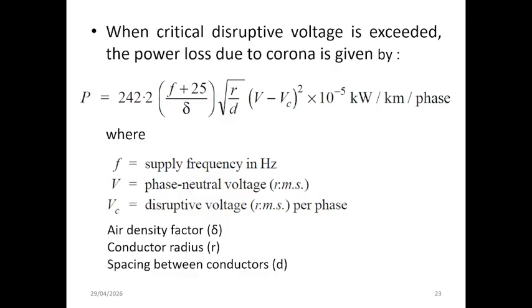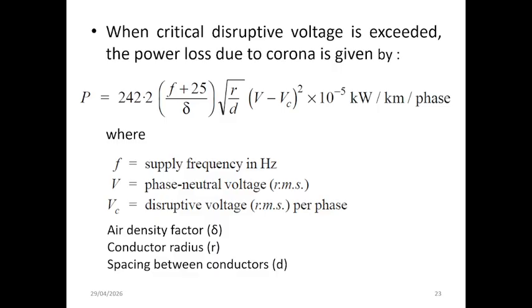So this equation highlights how corona losses depend on both electrical and physical parameters of the system, especially the supply frequency f, which increases the losses, reflecting greater ionization activity at higher frequencies. The air density factor delta accounts for atmospheric conditions such as pressure and temperature, meaning corona effects are more pronounced at lower air densities. It means high altitudes.